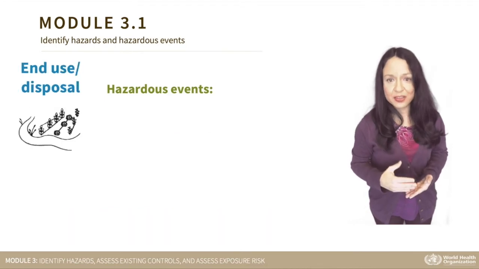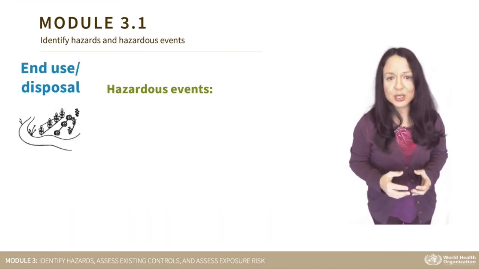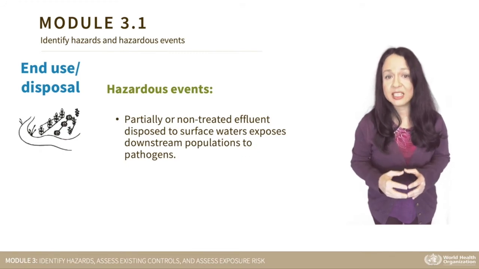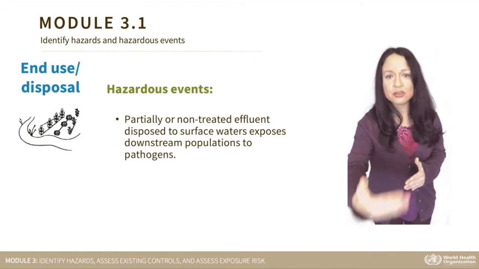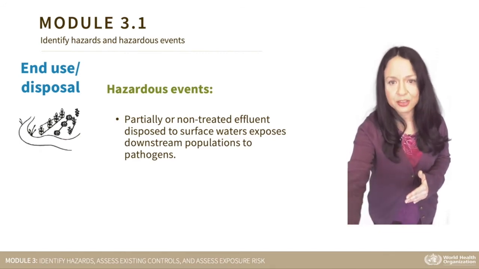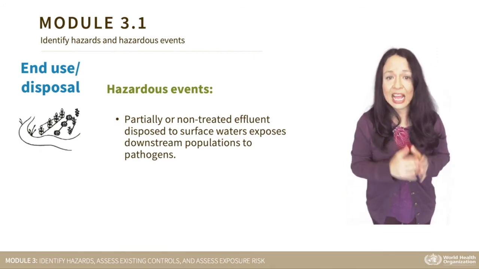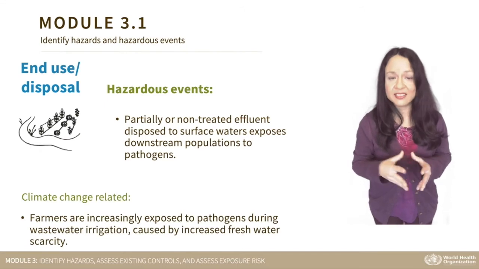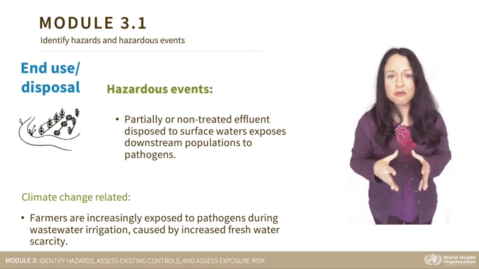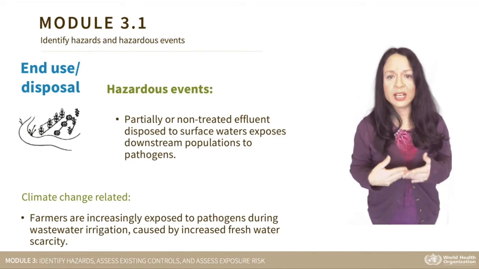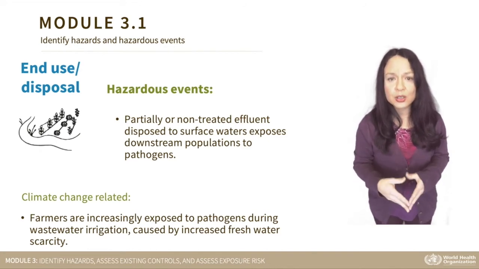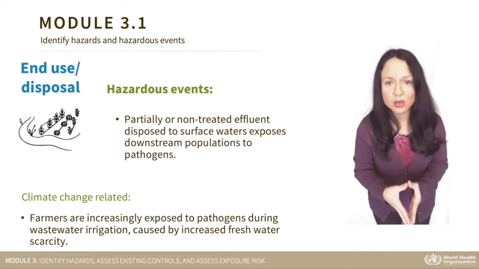Hazardous events at the reuse and disposal step include partially or non-treated effluent disposed to surface water exposes downstream populations to pathogens. A climate-related hazardous event at this step is farmers are increasingly exposed to pathogens during wastewater irrigation caused by increased freshwater scarcity.